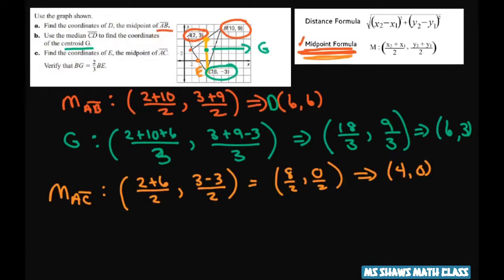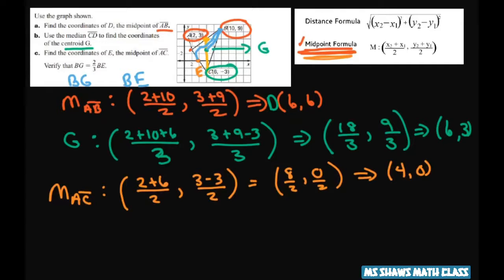So for the next problem, we're going to have to look at this part. This is the part we have to verify. We have to verify that BG is 2/3 of BE. So we have to find two distances, BG, and we're going to have to find BE.